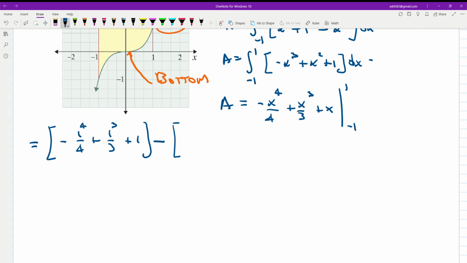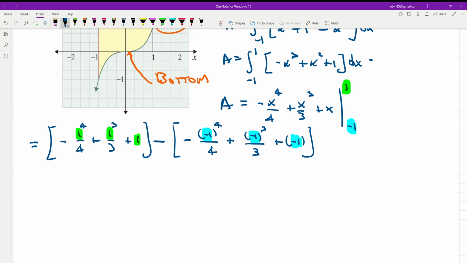In this case, that's going to be negative -1 to the fourth over 4 plus (-1) cubed over 3, and be careful with the signs here, plus -1. Let me highlight this with green, just so you can see where I am actually plugging in and how. All right, so let's simplify this.